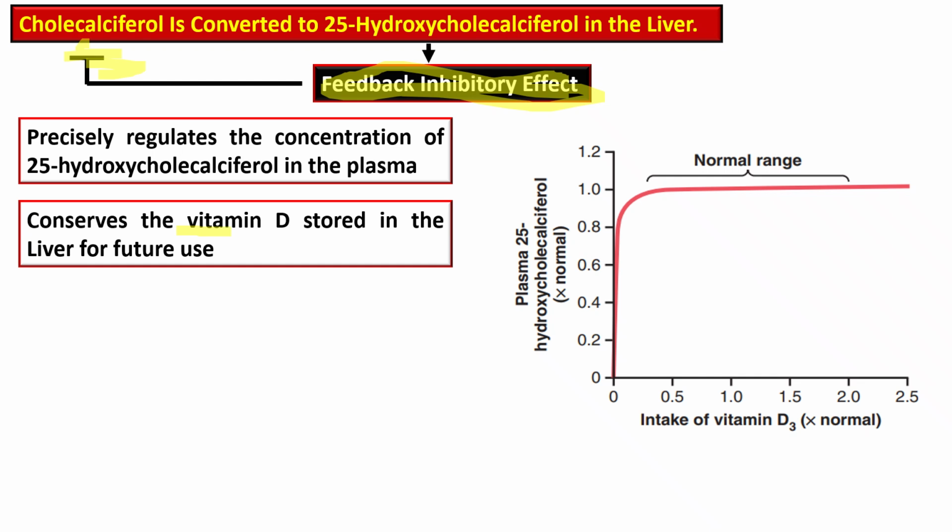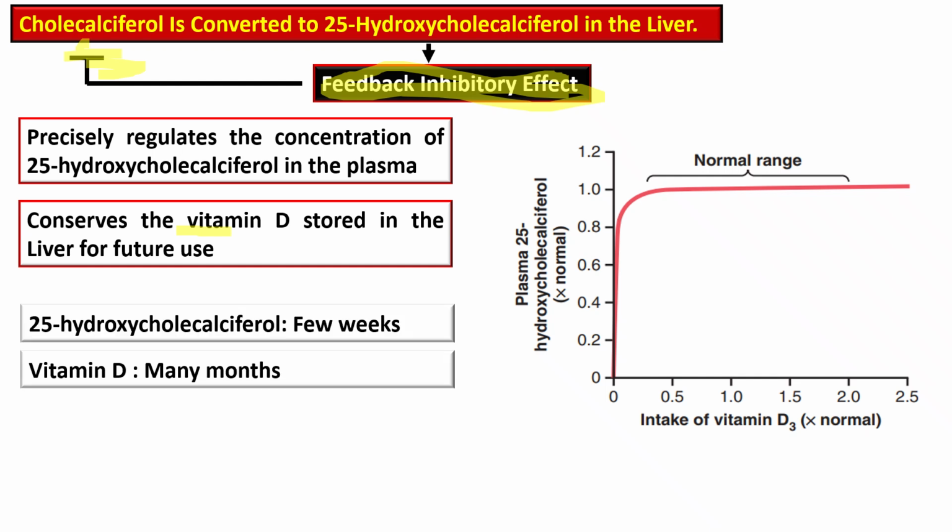So vitamin D3 storage is in the liver, and there is sufficient supply even for months in the liver. But once converted into 25-hydroxycholecalciferol, it may only last a few weeks.